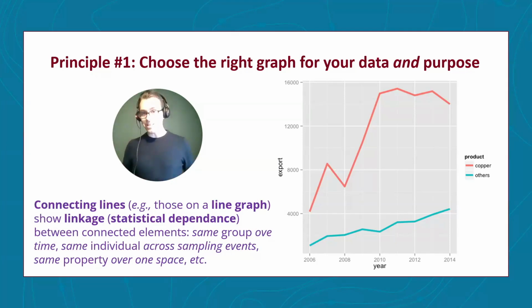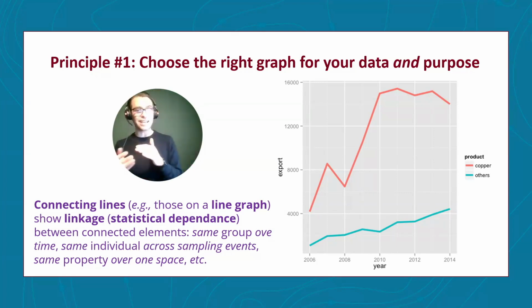Another commonly misused element in graphs is connecting lines. These are lines that link two or more points or objects together within the plotting area, such as how the lines in a line graph link data points together into a chain. Connecting lines are intended to show something that's actually very specific, that the connected objects are linked, or in other words, dependent in a statistical sense.